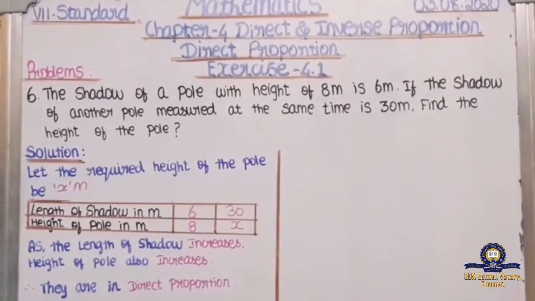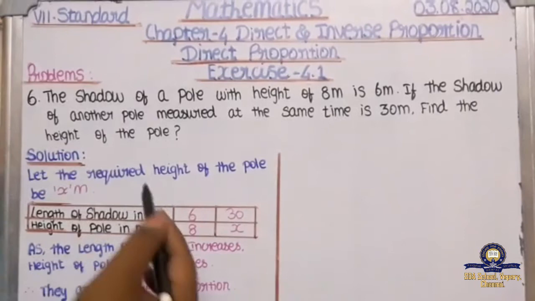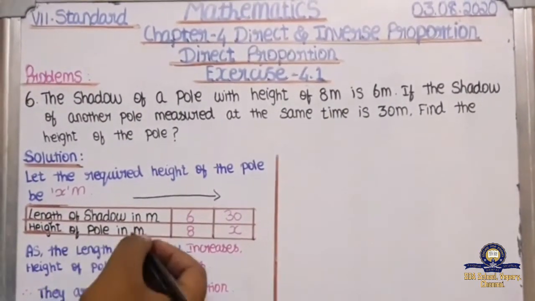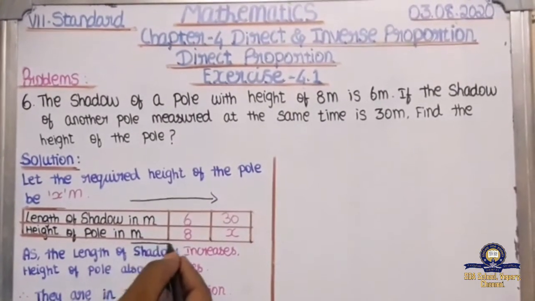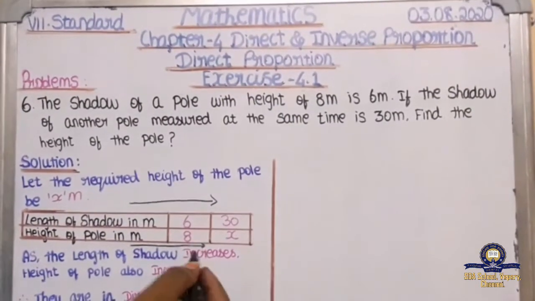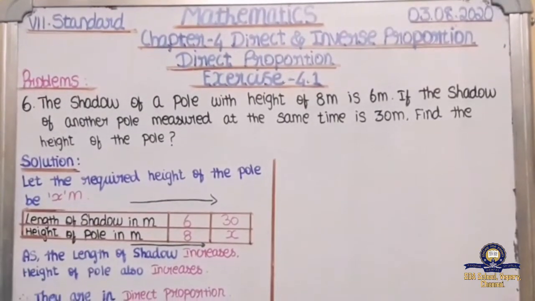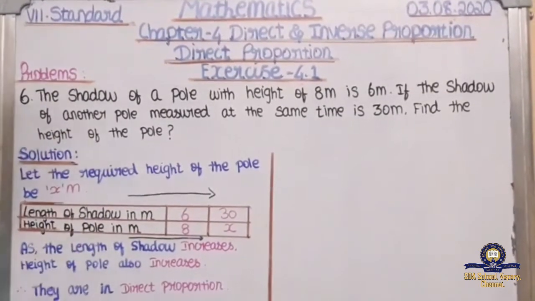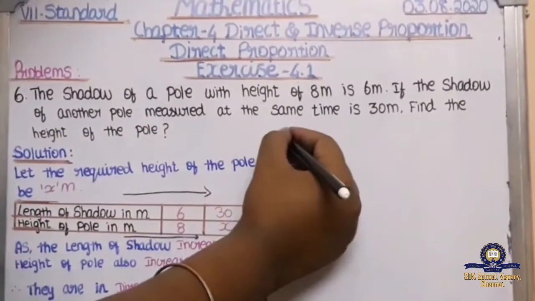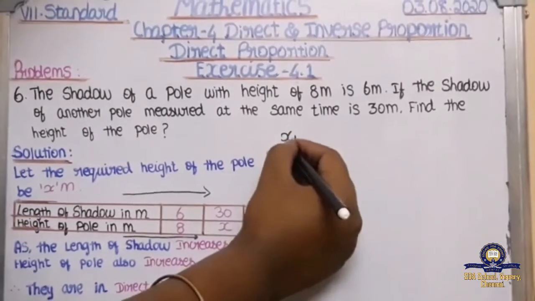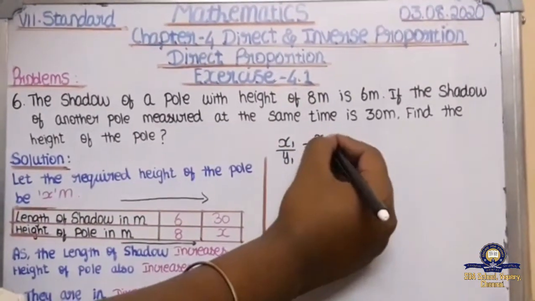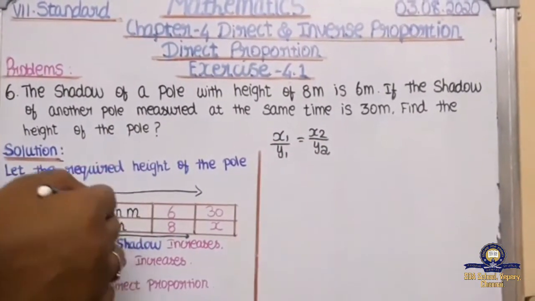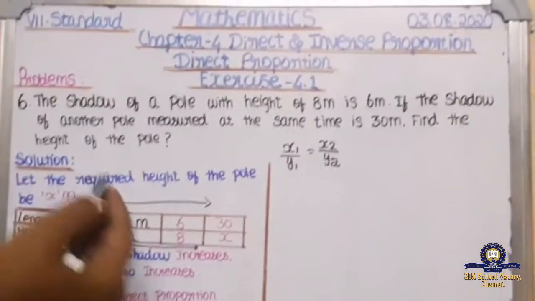Now, from this table we can notice that as the length of the shadow increases, the height of the pole in meter also increases. Therefore, we say the length of the shadow and the height of the pole are in direct proportion. As per direct proportion, we know that x1 by y1 is equal to x2 by y2. Here, we take x as the length of the shadow and y as the height of the pole.